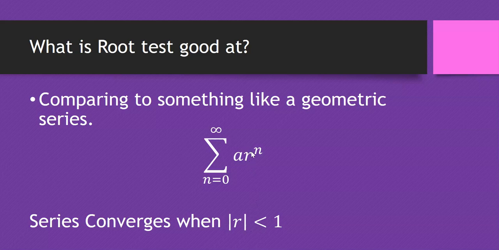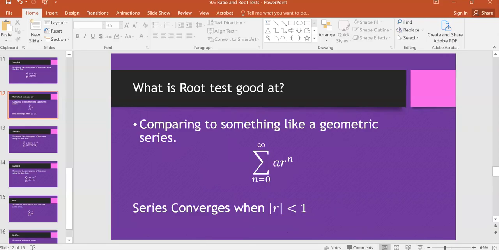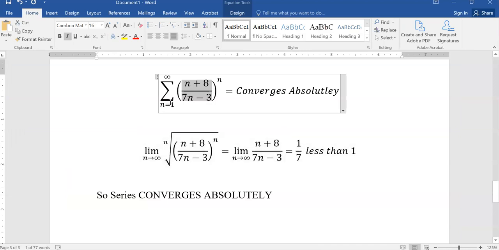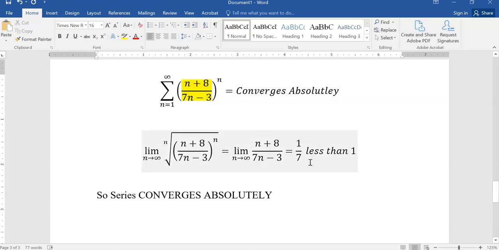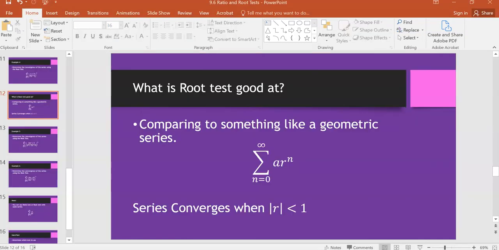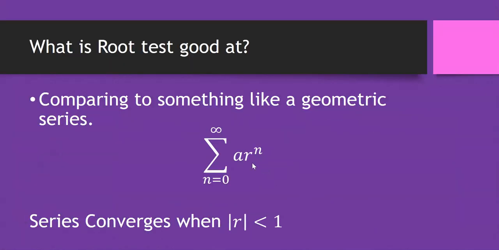And so if we have something that's not a single number there, if r is some sort of rational function, that rational function, we really need to know what it behaves like when n is pretty big. And this behaves like 1/7 when n is big. And so this might as well have been very much like a geometric series where r was 1/7.